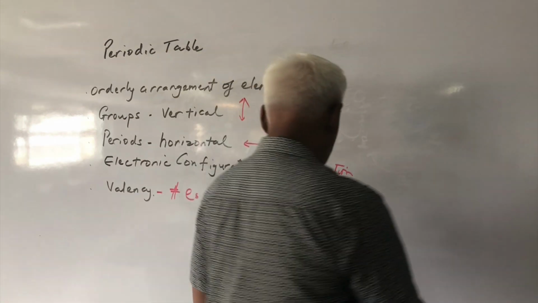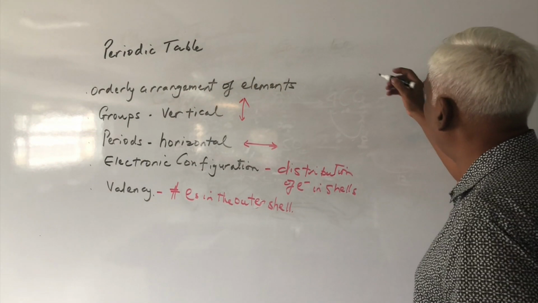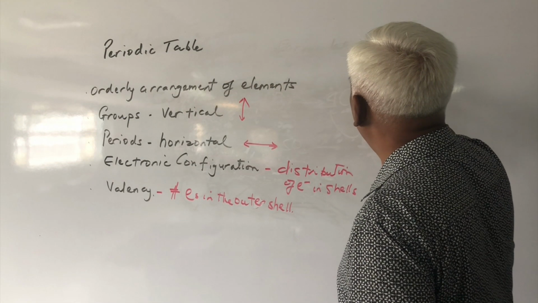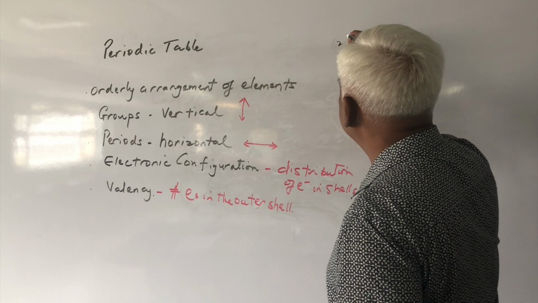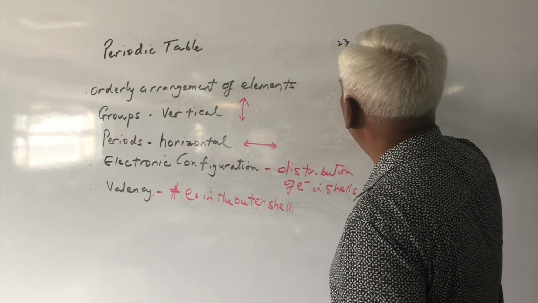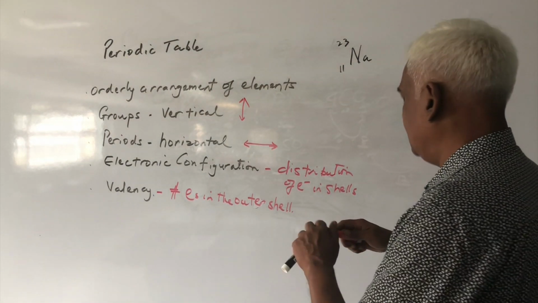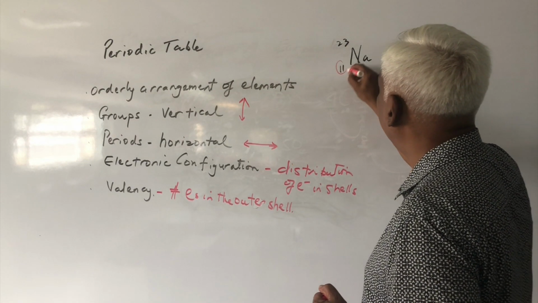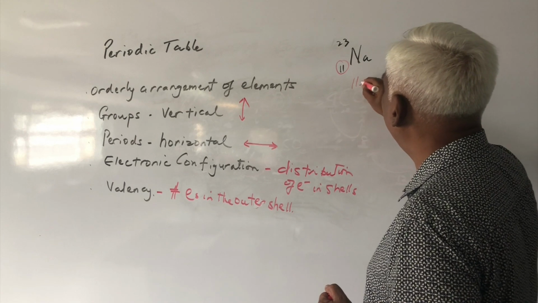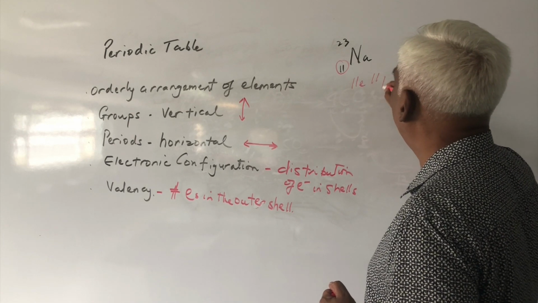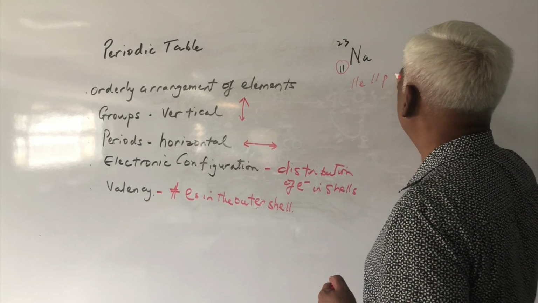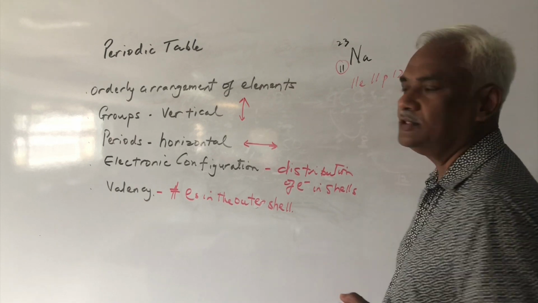Now, just by way of example, if we're looking at sodium, mass number 23, atomic number 11. It means I have 11 electrons, 11 protons, and by subtraction, 12 neutrons.